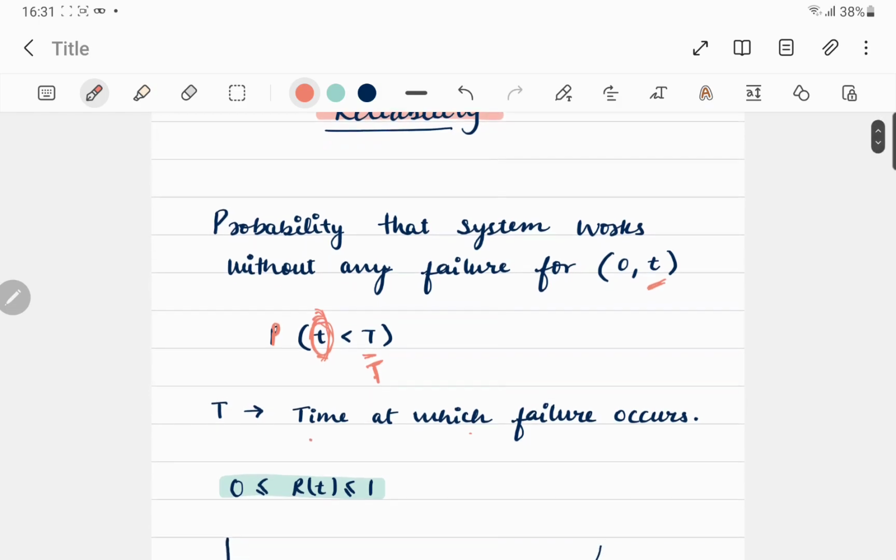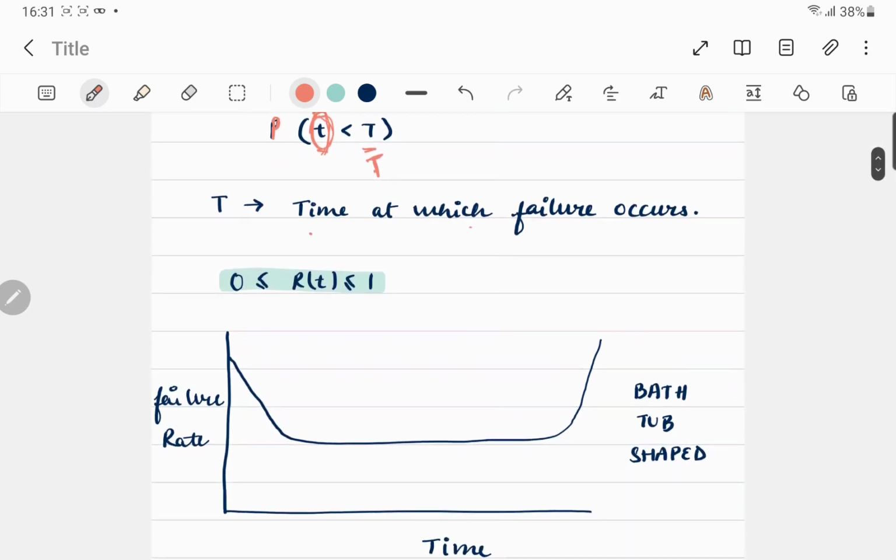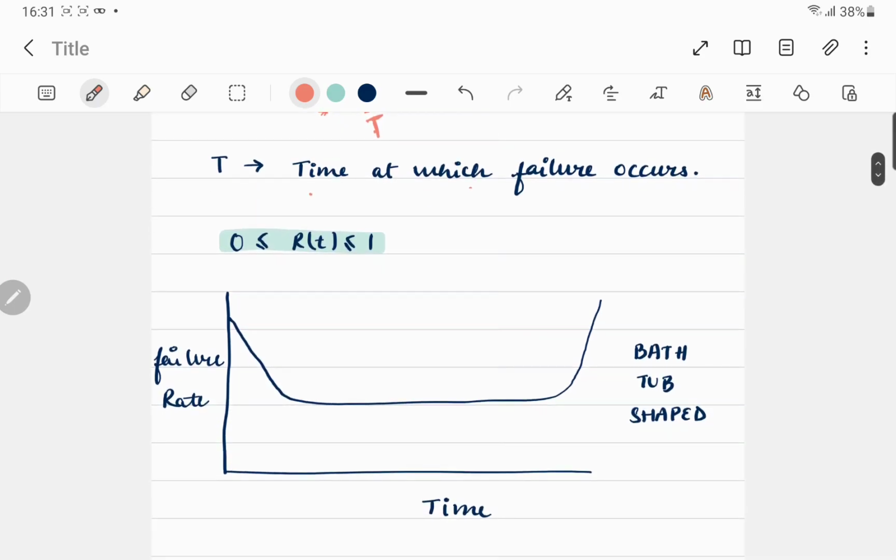Now, since reliability is nothing but a probability, its value ranges from 0 to 1. If we look at the graph, it is popularly known as the bathtub shaped graph. As you can see, this is your early period.